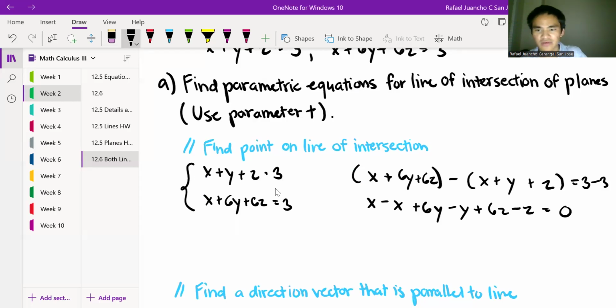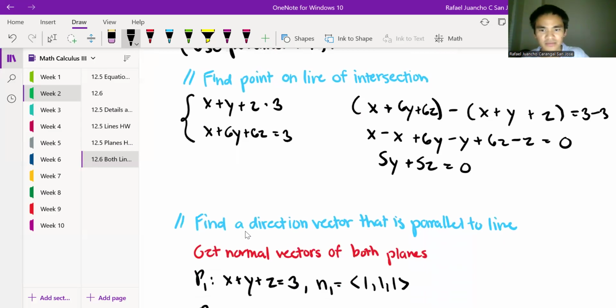Okay, now we have 5y plus 5z is 0, right? And now we can actually just divide it. So we have y plus z is 0. And so we have y is negative z.